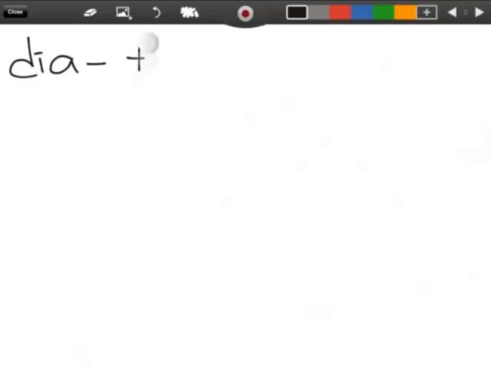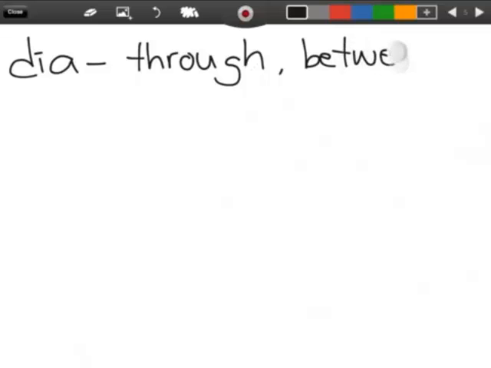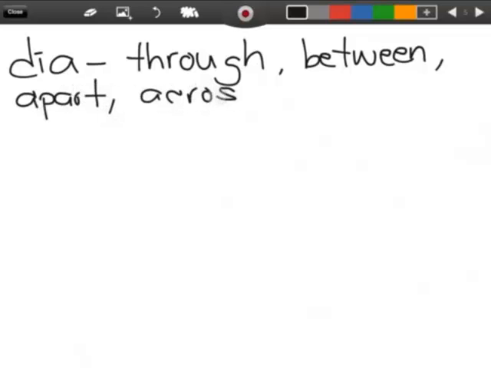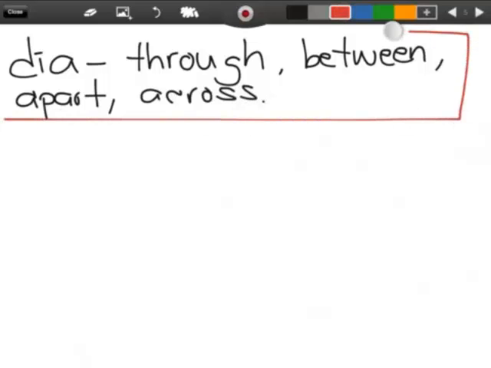It means through, between, apart, and across. I'm going to put this in a box because it is commonly used.